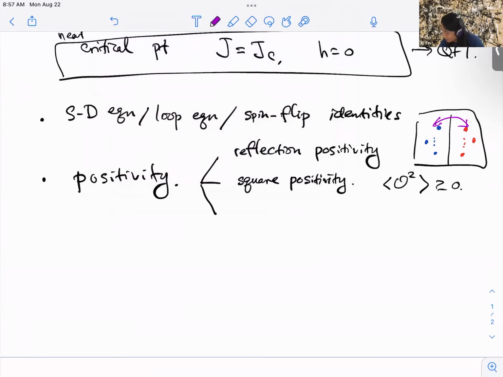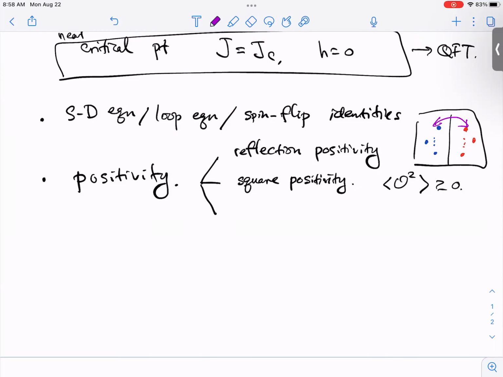I take a linear combination of these red spins, and that's one operator, and I have a reflected one on the blue side. That's another operator. I take the product of these and take the expectation value, and that expectation value is non-negative. That's reflection positivity, roughly speaking.